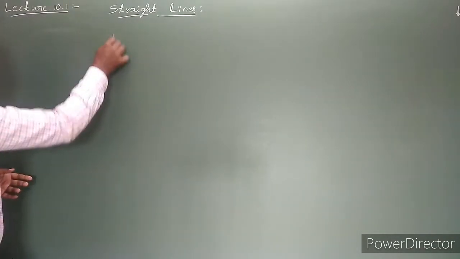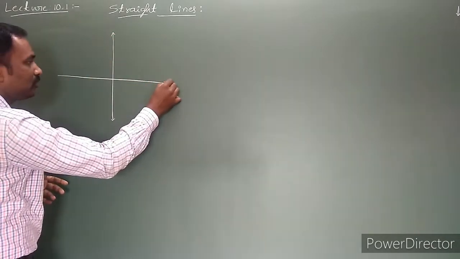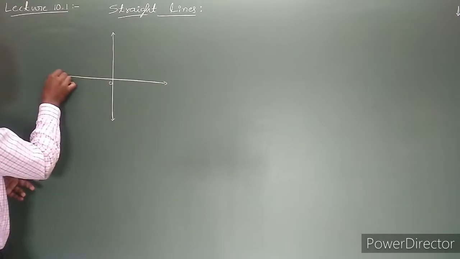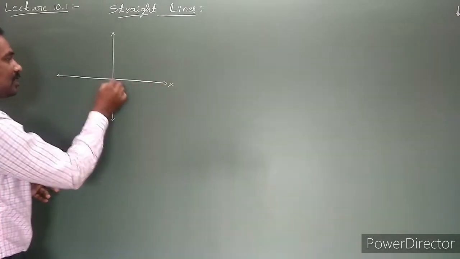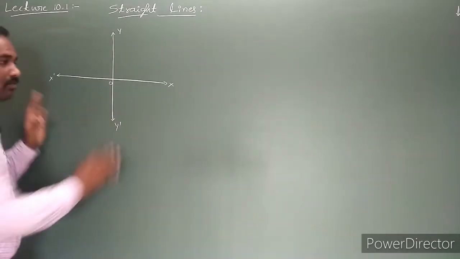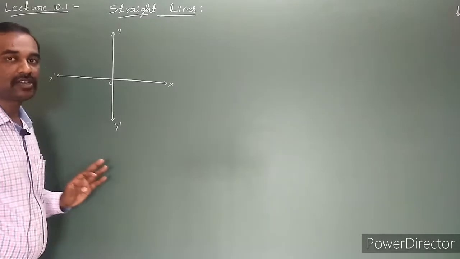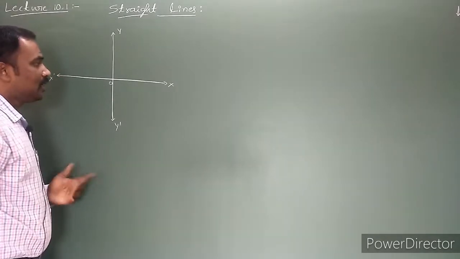What is two-dimensional geometry? Suppose there is a plane. This plane is divided into four parts by the lines XOX' and YOY'. Each part is said to be a quadrant. Already we know that.